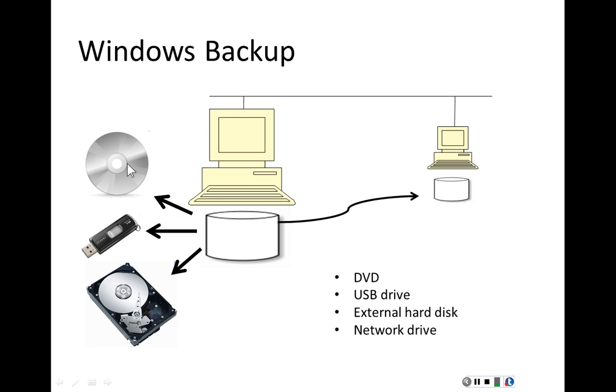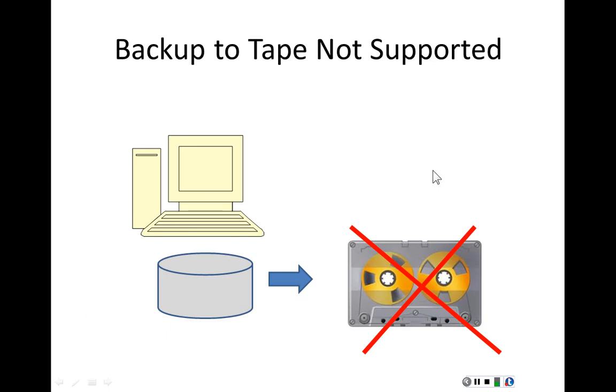And it can back up to DVD, it can back up to USB drive, it can back up to an external hard disk, it can even back up over the wire to the hard disk on another computer. But an interesting limit of Windows Backup is it doesn't back up to tape. And many large organizations like to back up to tape for large volumes of backup because a tape has a tremendous capacity.